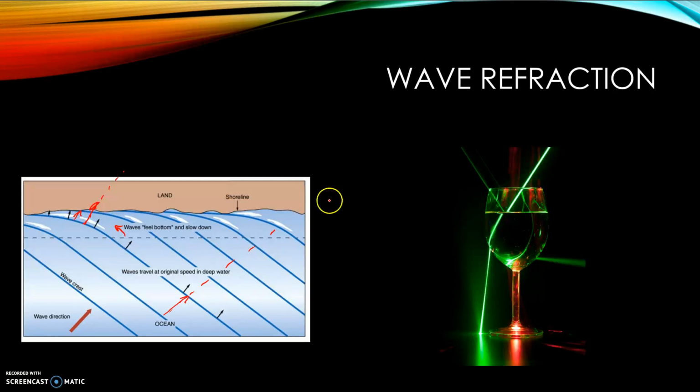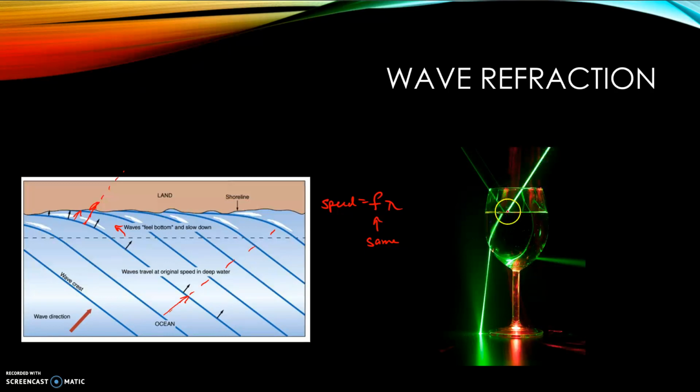Because remember, the speed of a wave is equal to its frequency times its wavelength. And the frequency of a wave will be the same. Okay, so that's going to stay the same as it goes from one medium to another. We know this is true because if you look at light, the frequency of light corresponds to its color.